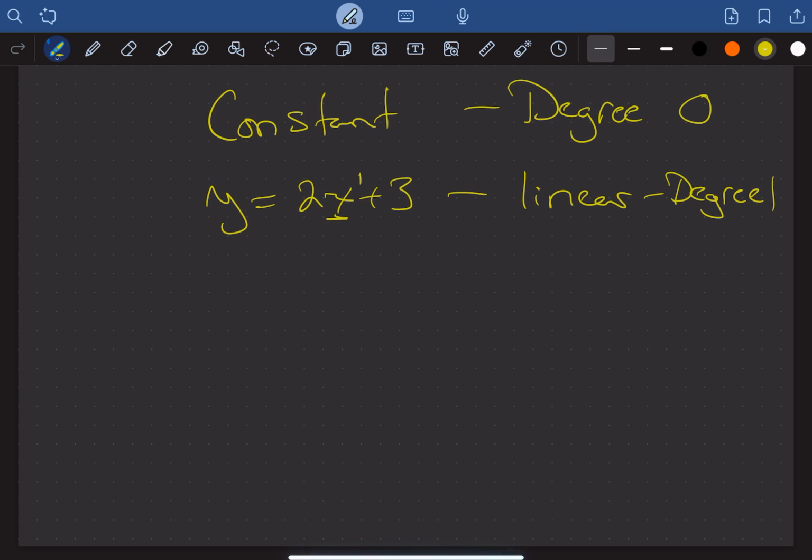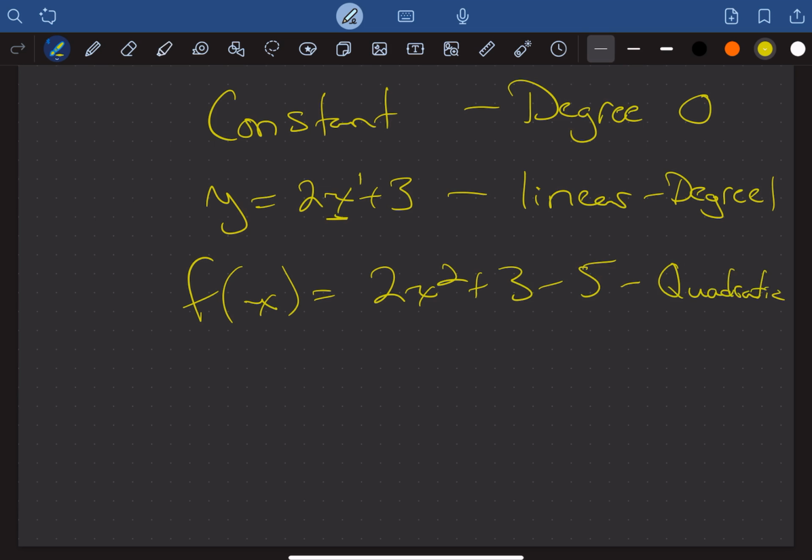If we have a quadratic equation like f of x equals 2x squared plus 3x minus 5, this is quadratic, and it is going to have a degree of 2 because the leading term here, 2x squared, has an x that is to the second power. So it is going to have a degree of 2.